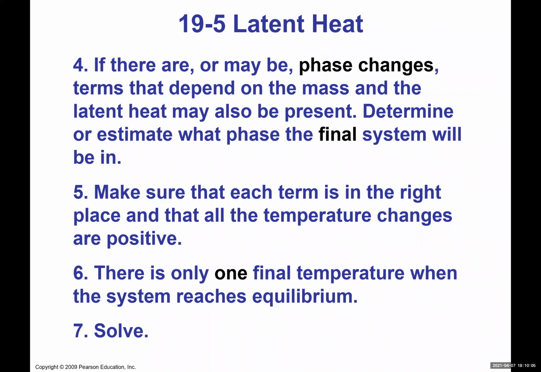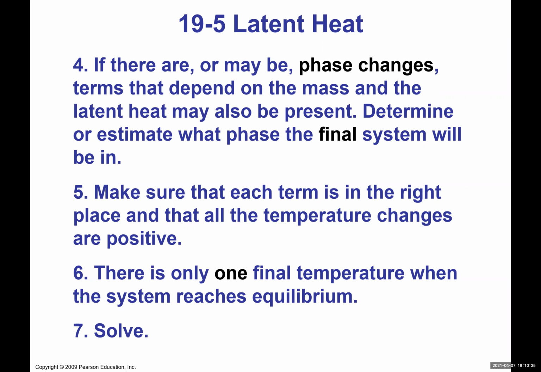If there's both temperature change and phase change, then you combine both of them. So you can think of the isolated system, then identify the type of substances you have in your system, because you can have several things mixing. You can have water and ice mixing. You can have water and aluminum mixing. You can have a calorimetry cup with water, and then you mix something else with that. So all of those things you have to take into account.